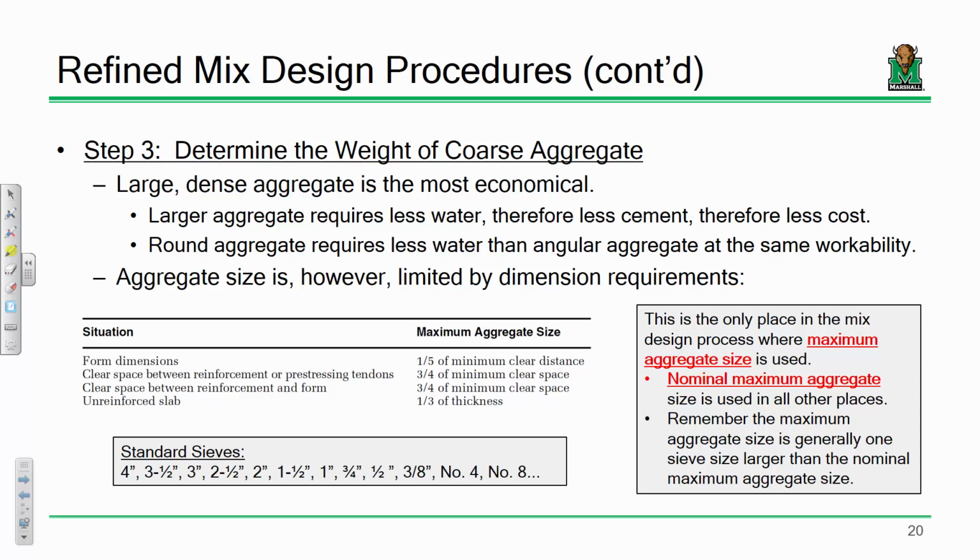So what we would do is, based on that aggregate size, we'd say, all right, if we're looking at form dimensions, our max aggregate has to be less than or equal to 1/5 of the minimum clear distance. So that's between your forms. If we're looking at space between individual pieces of rebar, 3/4 of that distance. Clear space between the rebar and the form, 3/4 of that space, and so on and so forth. Does that make sense? Everybody okay with that?